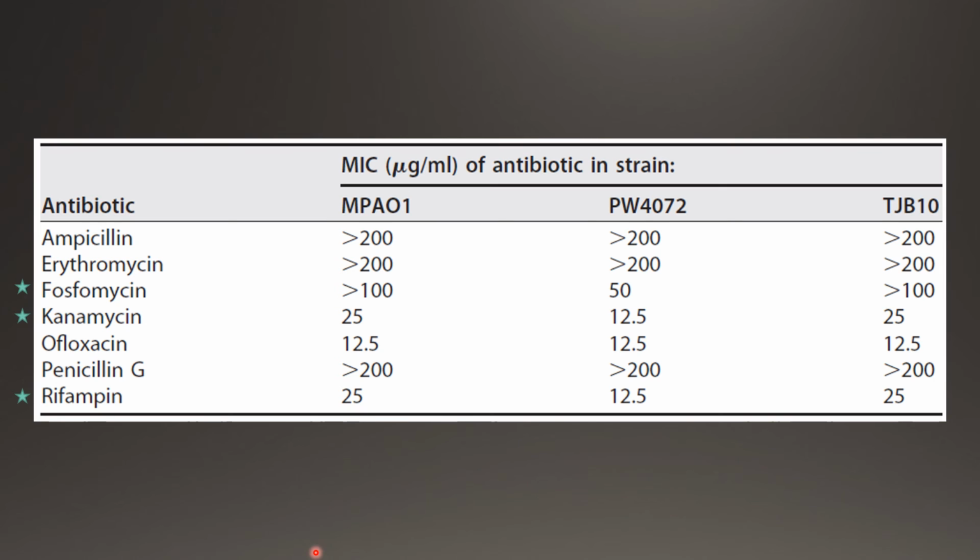So we can see that the MIC values for the PW4072, which is the mutant, for these 3 specific antibiotics is lower compared to the wild type. So we have 50 compared to over 100, 12.5 compared to 25, and 12.5 compared to 25 again.